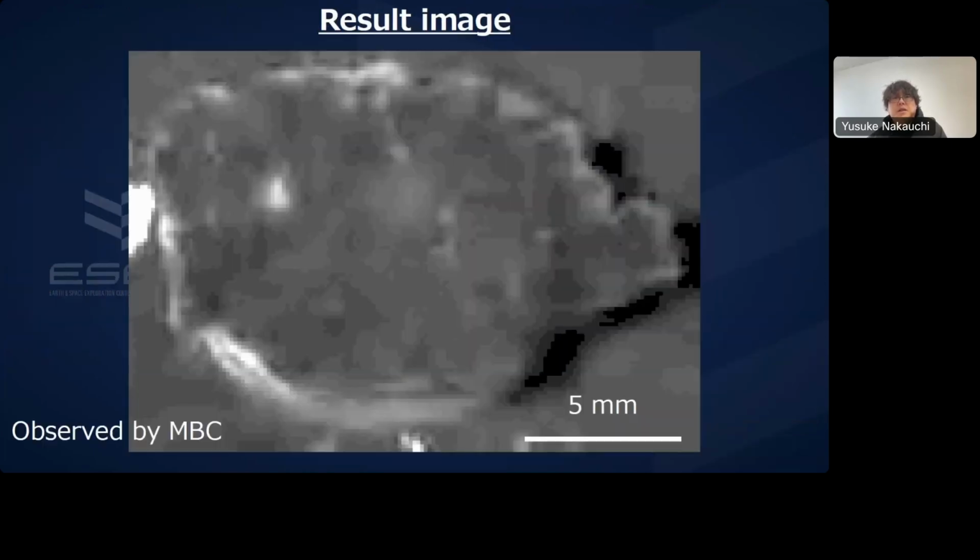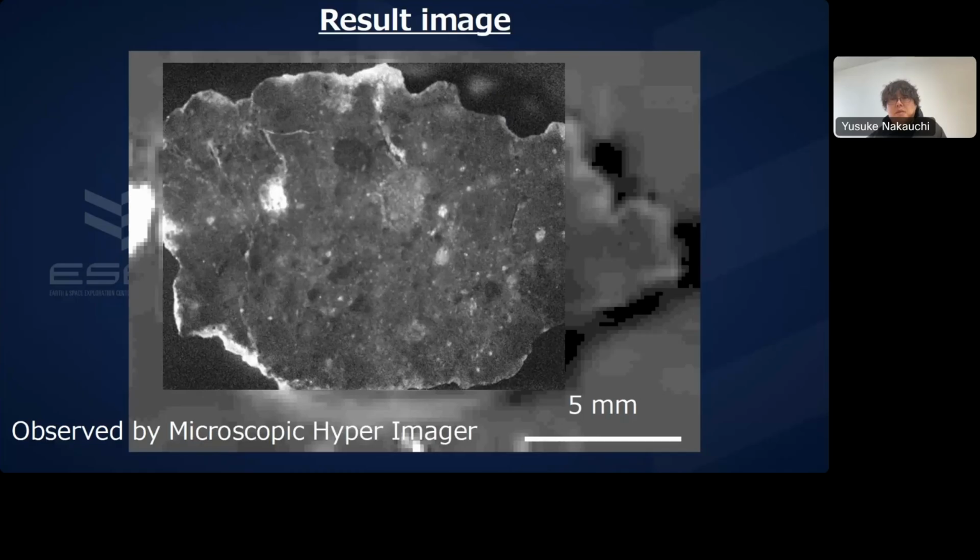This figure is the image observed by MBC. The texture is distinguishable, but not sufficient. Next, we overlay the imaging captured with the microscopic hyperimager to better visualize the results. This is the image observed by the microscopic hyperimager.